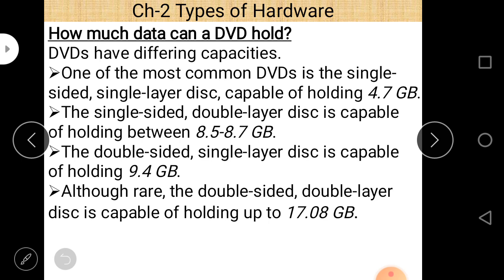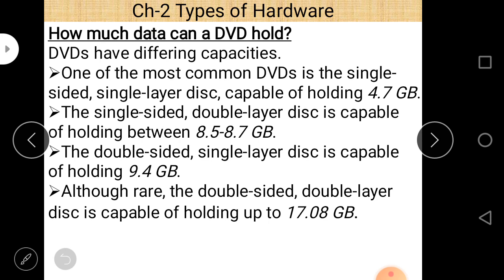So let us discuss these points. One of the most common DVDs is a single-sided single layer disc. There are four types of DVD here: single-sided single layer, single-sided double layer, double-sided single layer, and double-sided double layer. The single-sided single layer disc is capable of holding up to 4.7 GB of data, which is the most common size.